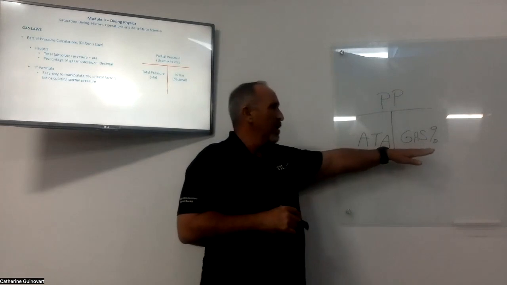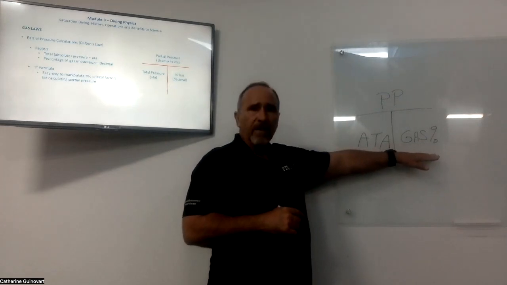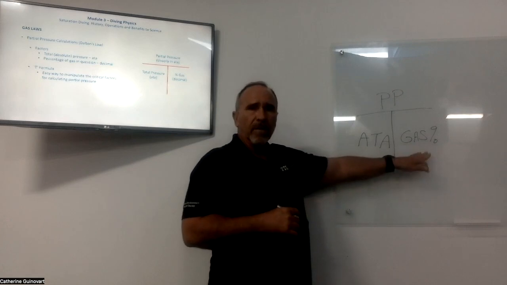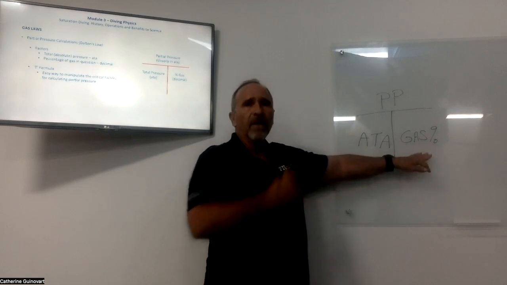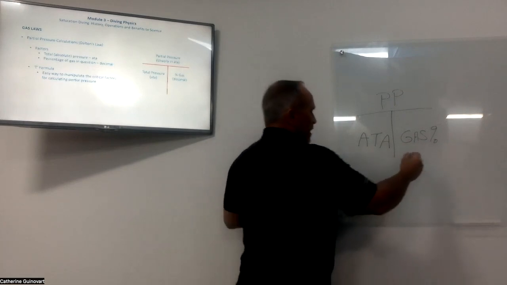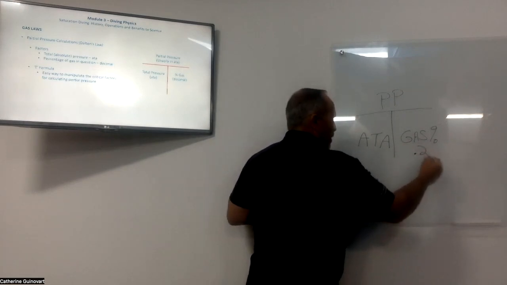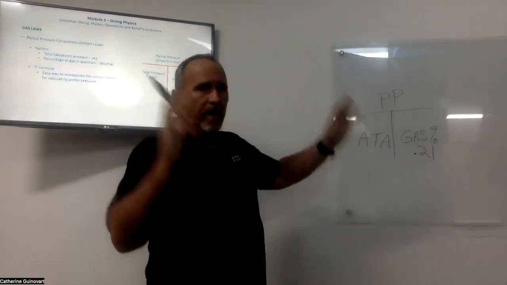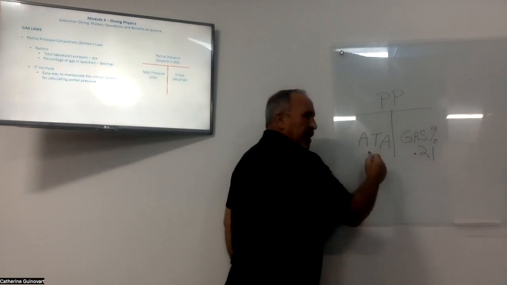And then if you have your gas percentage, which is a known, you're going to plug it in here, but expressed in a decimal. So if it's 21%, you're going to plug in 0.21. So as an example, 0.21. And then let's say our ATA is 3. Again, just an example. You already did the math.